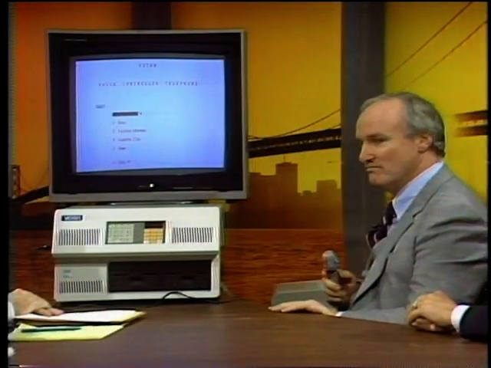Changes in your stock portfolio at the close of trading today. Amalgamated Widget up 2. You hold 2,000 shares. XYZ Corporation up 1/2. You hold 3,000 shares. Total gains in today's trading, $5,500.